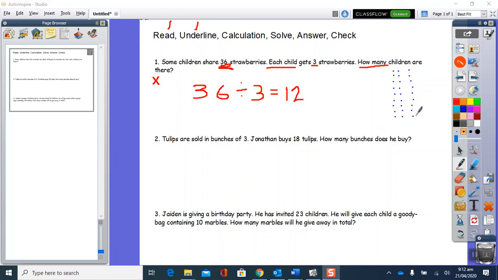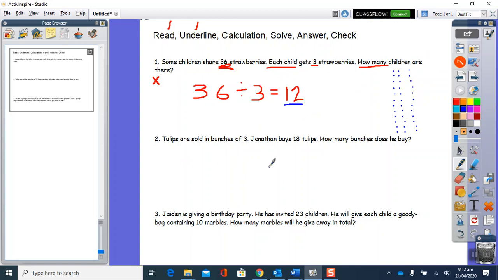Mr. Dan's made a little bit of a mistake there. He should be up to 27, 28, 29, 30, 31, 32, 33, 34, 35, 36. So up to 36, counted in threes, 1 to 12. Good, so that is 12. So there are 12 children altogether.